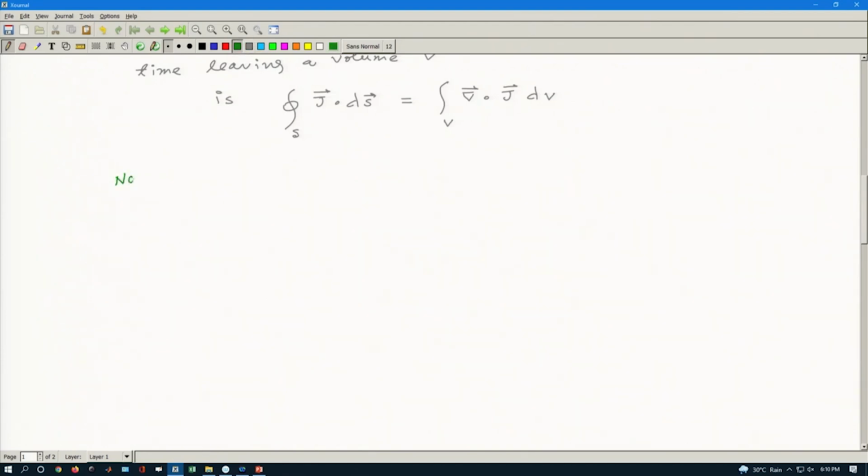Now, the total charge, the charge is conserved, right.